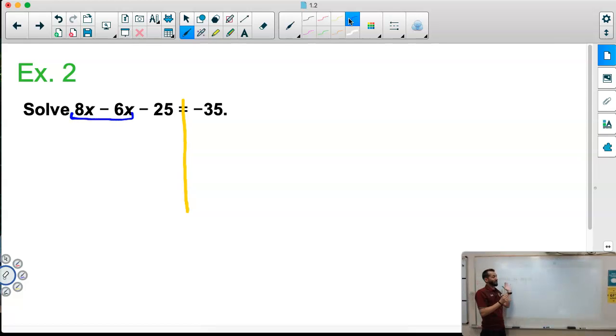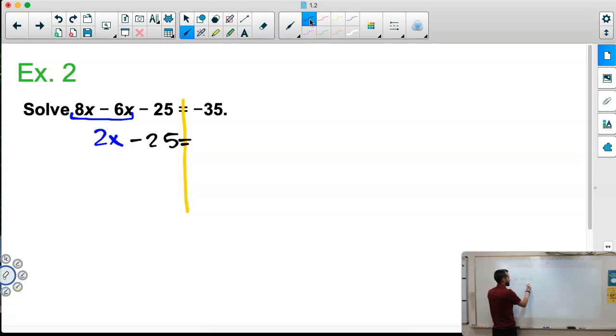Since I'm not moving anything over to this side, I could put these together simply by doing whatever mathematical operation it says. This is 8x minus 6x. So I'm going to rewrite this equation as 2x, and we'll do everything else in black here, minus 25 equals negative 35.